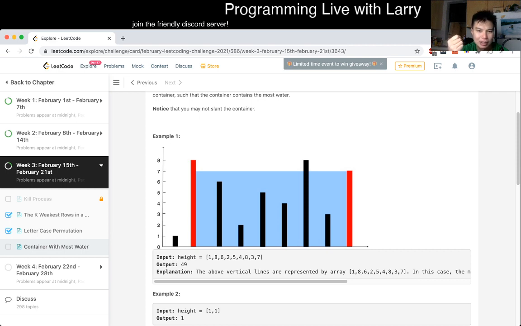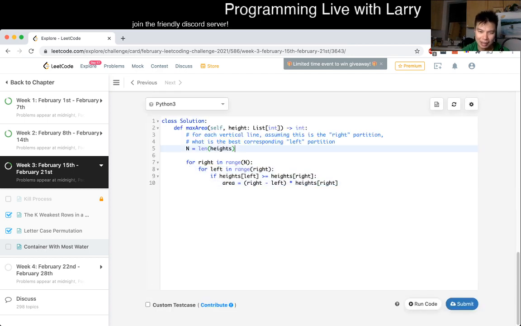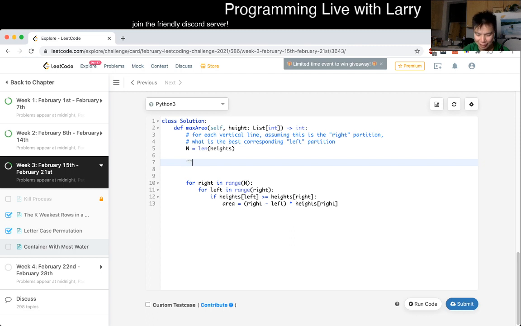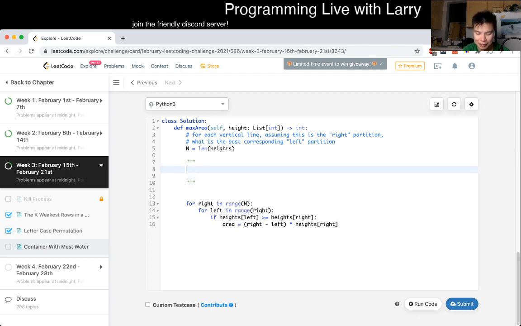Because let's say you have a 2, a 5, and a 3, and then here you have a 1. When you're processing the 1, you actually want to connect with the 2 and not the 5, right? So given all these numbers, you have to get the leftmost.